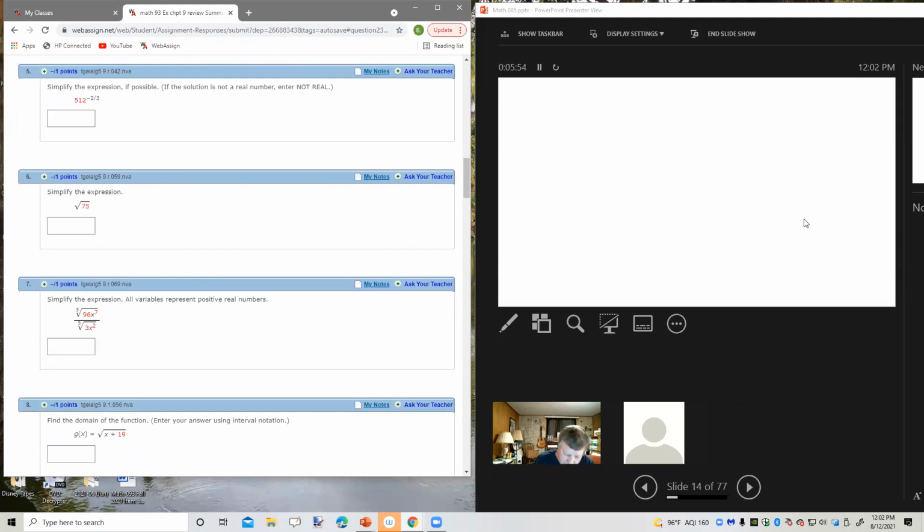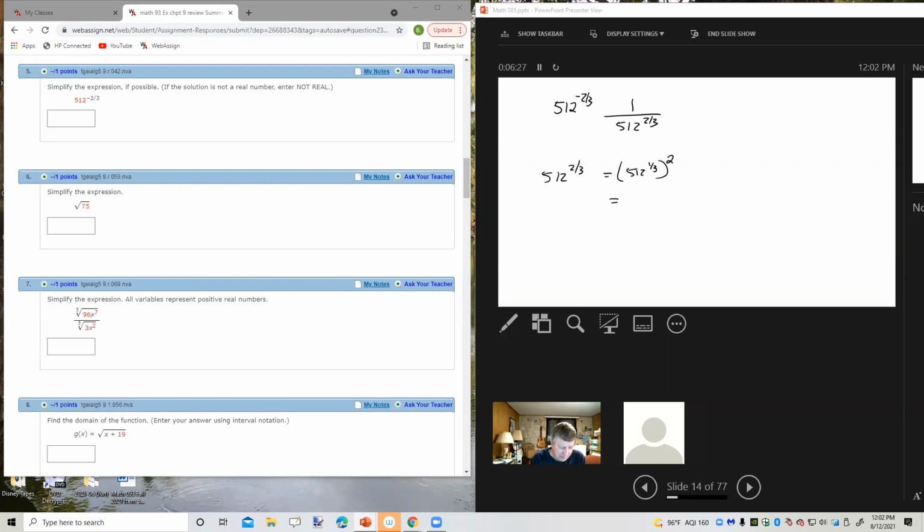Simplify the expression. 512 to the -2/3 power. If a solution is not real, enter not real. Okay, so 512 to the -2/3 power would be 1 over 512 to the +2/3 power. Now, 512 to the 2/3 power, I could take the cube root of it and then square it, okay? So let's find the cube root of 512.